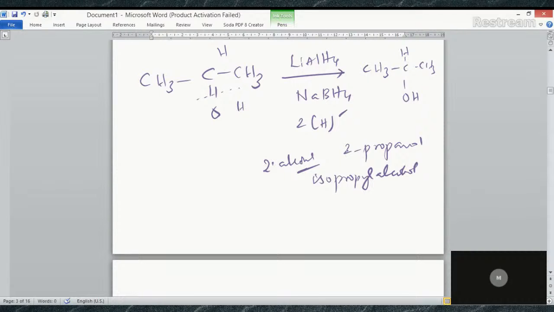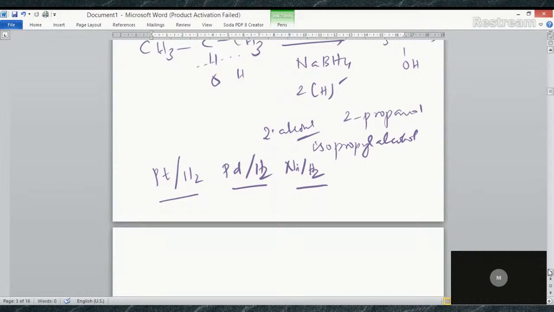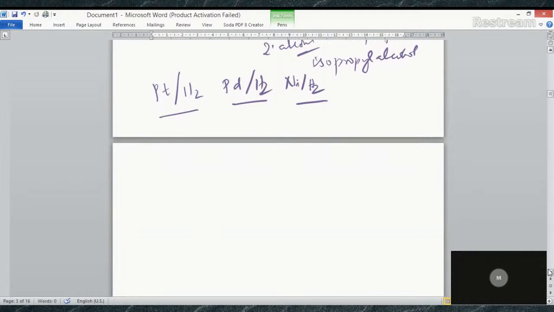This is the reaction of aldehydes and ketones with reducing agents like lithium aluminum hydride, sodium borohydride, even the alternatives like platinum hydrogen, palladium hydrogen, nickel hydrogen. Any one of the reducing agents can be used in this particular reaction. All are reducing agents.